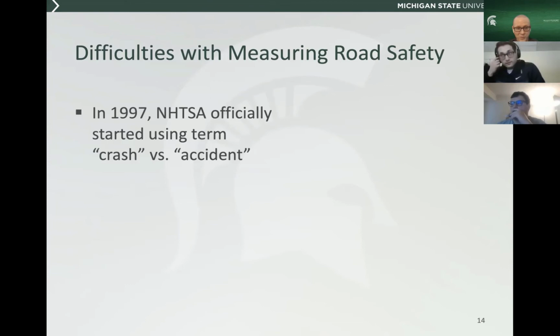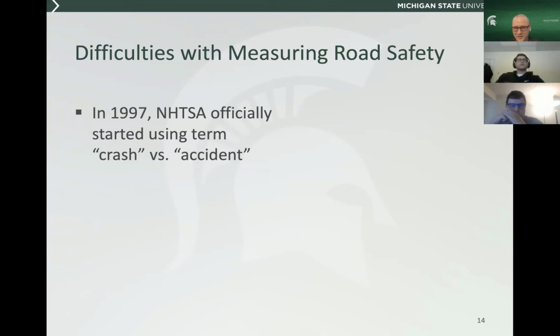If you go way back to when I was going to school, we'd still hear quite a bit the term accident, and somewhat sadly, I'm on the editorial advisory boards for Accident Analysis and Prevention and Analytic Methods in Accident Research, which are considered the two top journals in traffic safety, but they don't use the term crash in their title. They use the term accident.